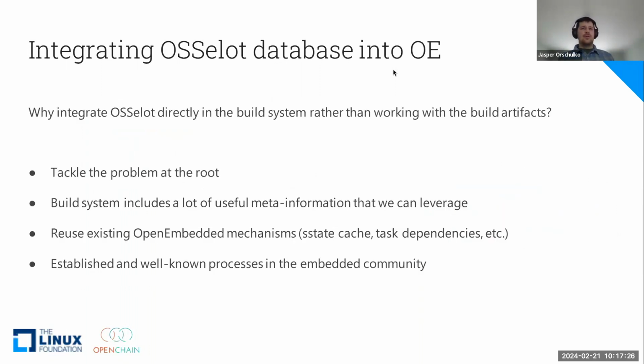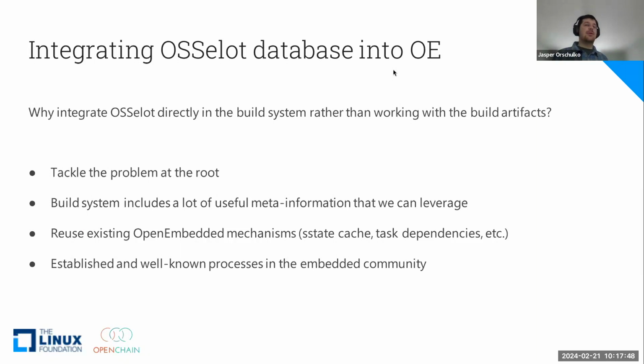All right, so we have the OSSelot project, and we now want to actually use this data in our embedded Linux distribution. So the first question someone might ask is, why do we actually include it right in the build system? Why don't we just take the build artifacts and work from there?